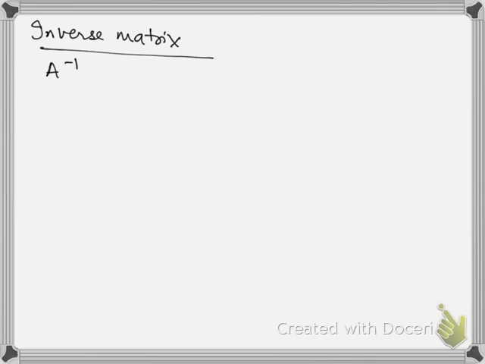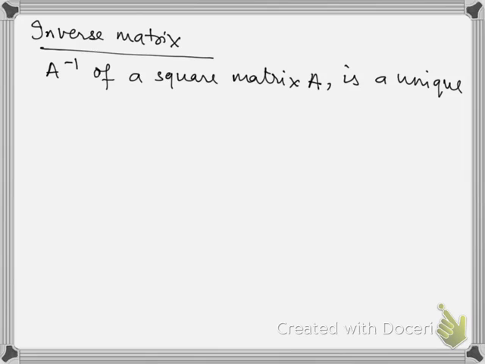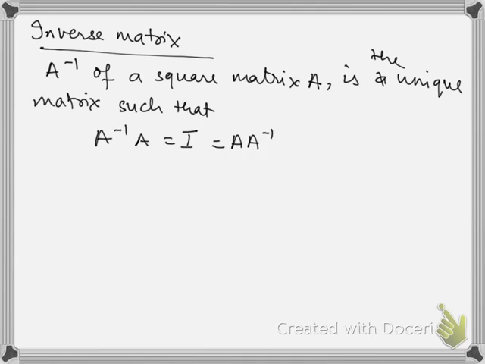A inverse is called the inverse of a square matrix A, the unique matrix such that A inverse A is equal to I is equal to A times A inverse.